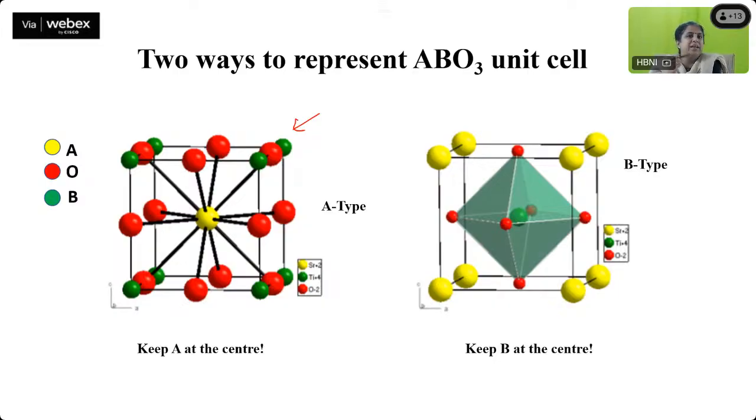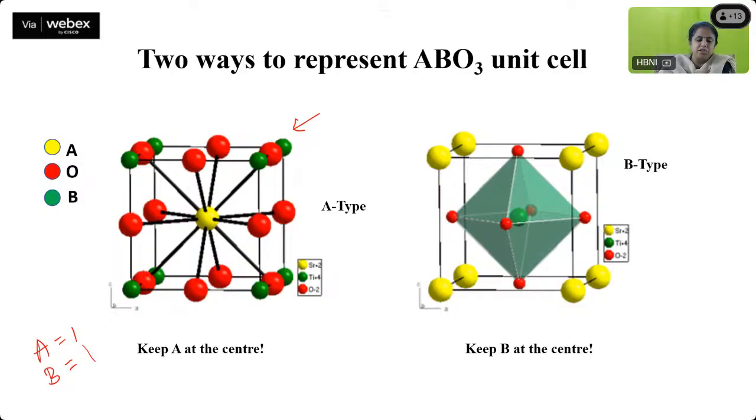Now, let's check whether we have done it right, whether it matches the stoichiometry. Let's count that. In one unit cell, how many A's are there? 1. How many B's are there? You have 8 green balls at the corners. And remember, each corner is shared by 8. So 8 into 1 by 8, 1.